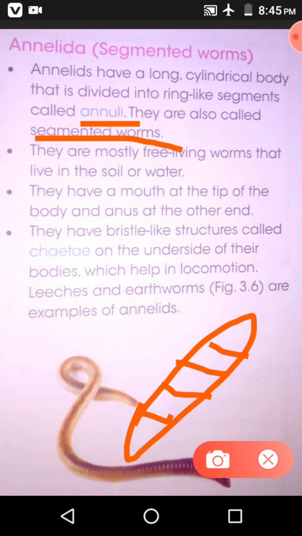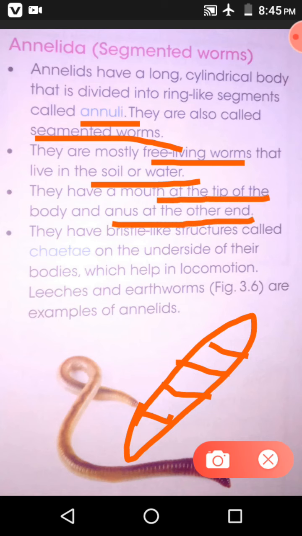They are free-living worms that live in soil or water, with a mouth at the tip of the body and an anus at the other end. One characteristic is the chaetae on the underside of the body, which help in locomotion. So the locomotory organ here is the chaetae. In Cnidaria it is the tentacles, and in Platyhelminthes it is the hooks and suckers.